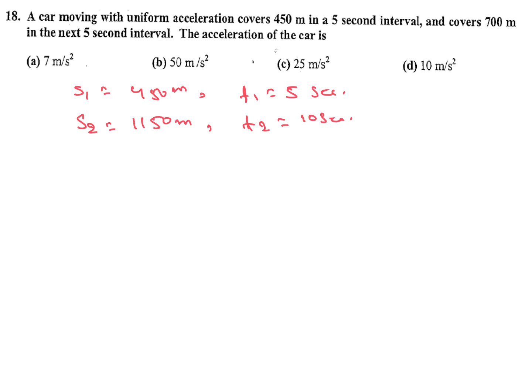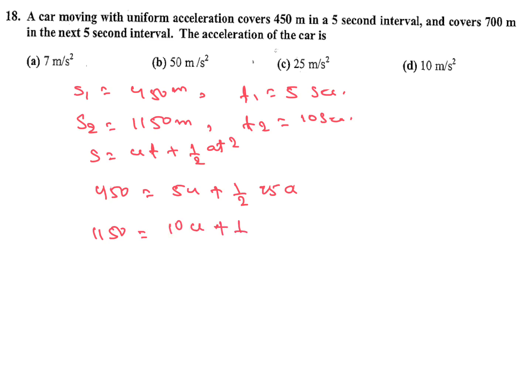So we will use S equals ut plus half at square. 450 equals 5u plus half, 5 square is 25, into a. Here 1150, S2, is 10 into u plus half into 10 square, which is 100, into a.